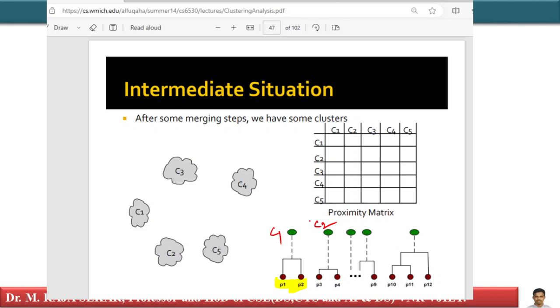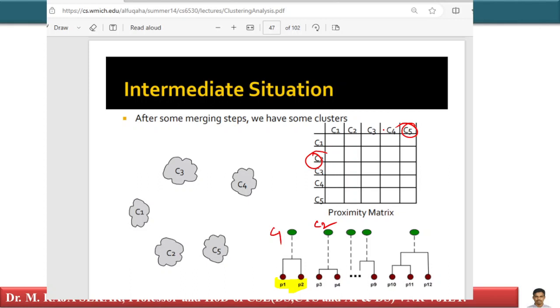After merging some steps, we have some clusters. Suppose you want to group cluster C2 and cluster C5. Let me say I want to group cluster C2 and cluster C5. So what happens to your proximity matrix?